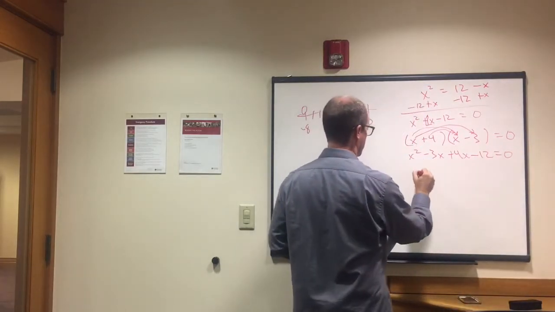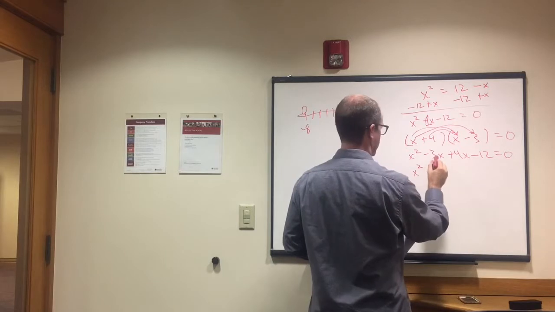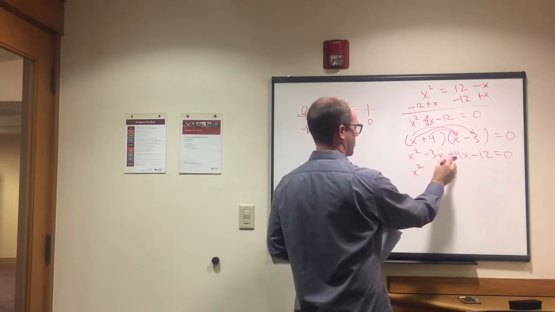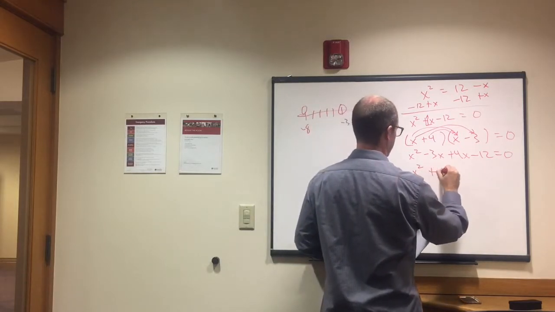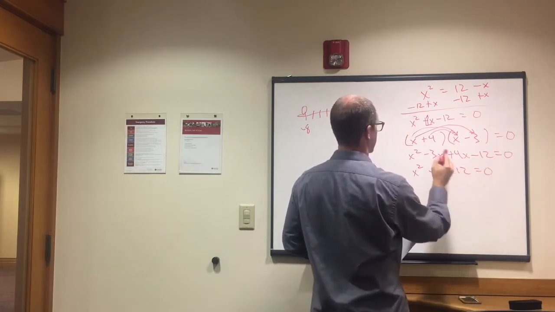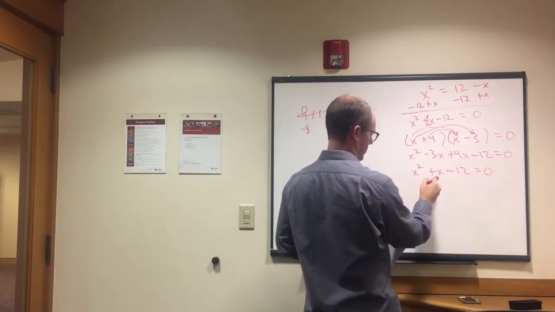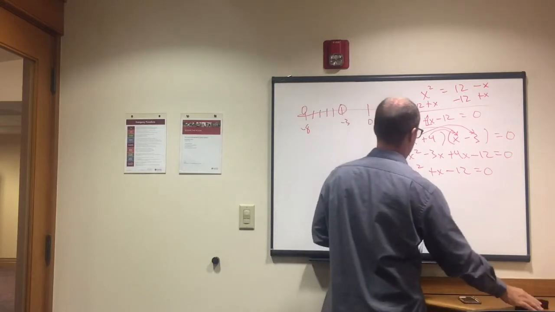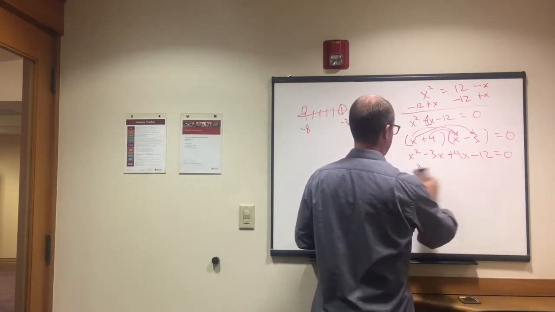Okay, so we'll combine them. x squared, negative 3x, plus 4x, plus x, minus 12, equals 0. Right, that's what we had right there. Same thing. Okay, so we set it up right.